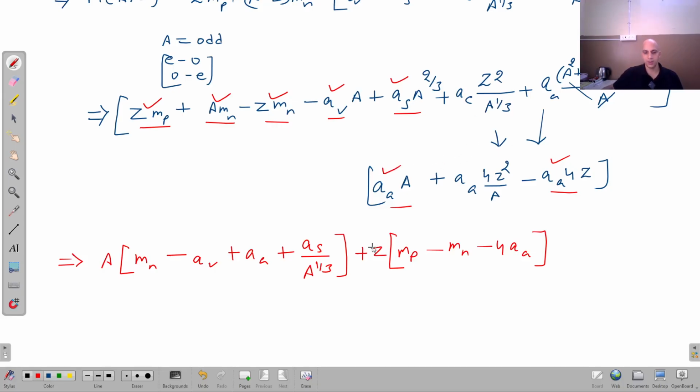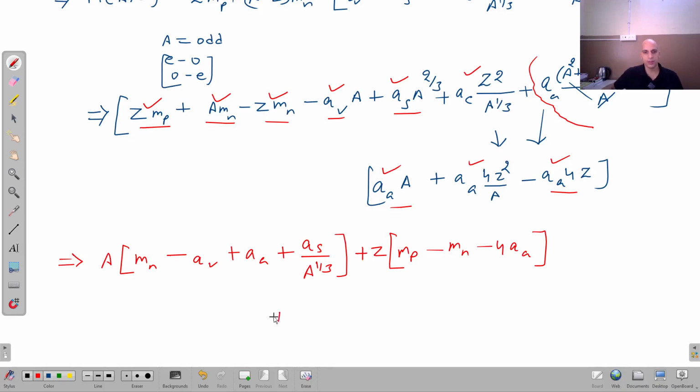Now we are left with the terms that contain Z square. This term is not to be considered because we are taking the expansion. We are left with only 2 terms, this one and this one.